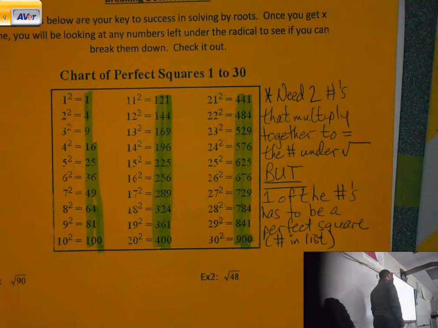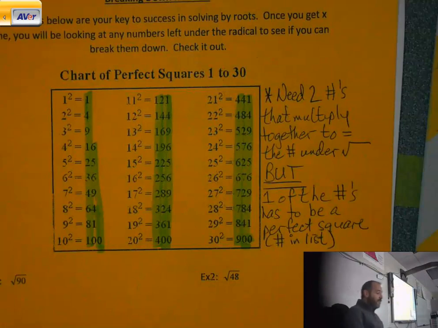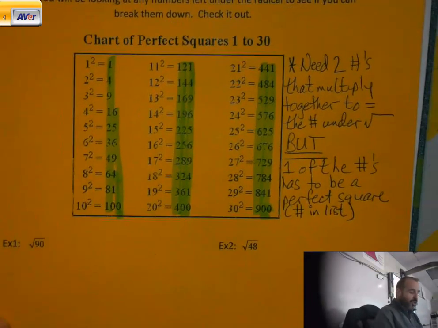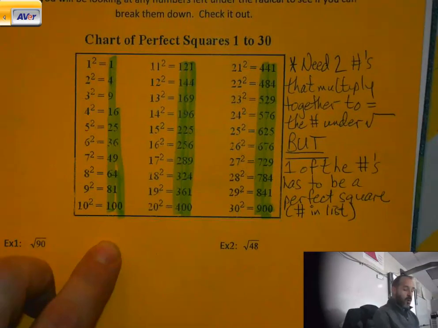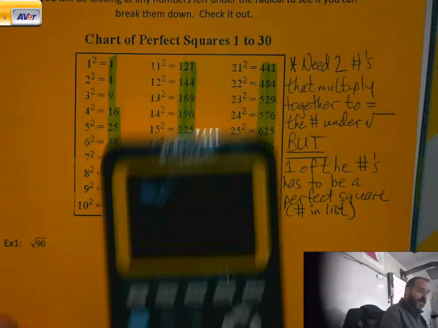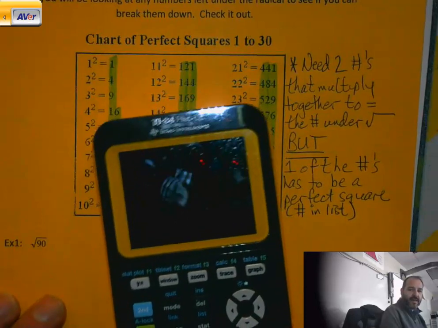So, the suggestion that I always give to people when they're trying to break down a radical is this. For instance, if you're looking at example 1, which is a good place to start because it's the first one, and you're not sure which numbers may go in, I always suggest grabbing your calculator and trying to stay where I'm not covering up what I've written.